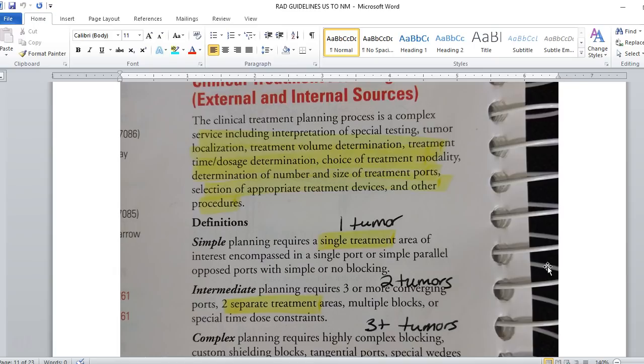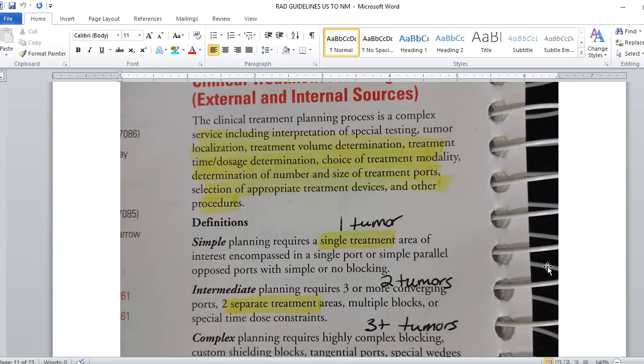So treatment ports are what we use to make sure that we are getting directly to the area. Okay, so we have to keep in mind, we don't want the radiation to go into all of the body. So what we do is we get the radiation beam to go directly to where the spot is and no other. However, the more tumors you have in your body, the more complex it gets.